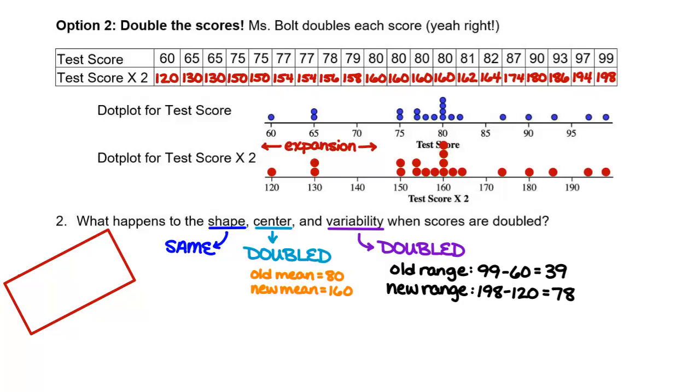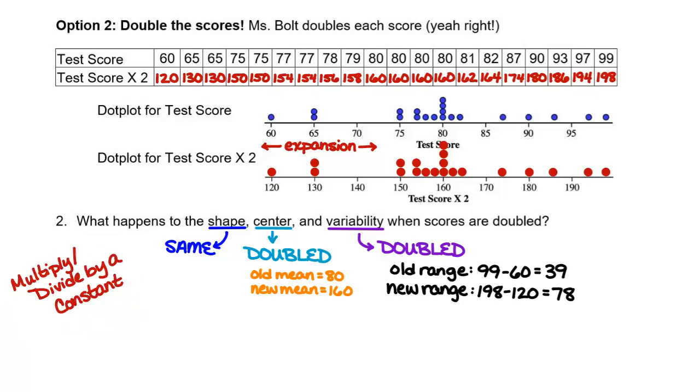This is what happens when we multiply or divide by a constant with our distribution. Shape stays the same. Whatever we're multiplying by, that will affect my center. That will also affect my variability. So my standard deviation, my IQR, my range will all get multiplied or divided.